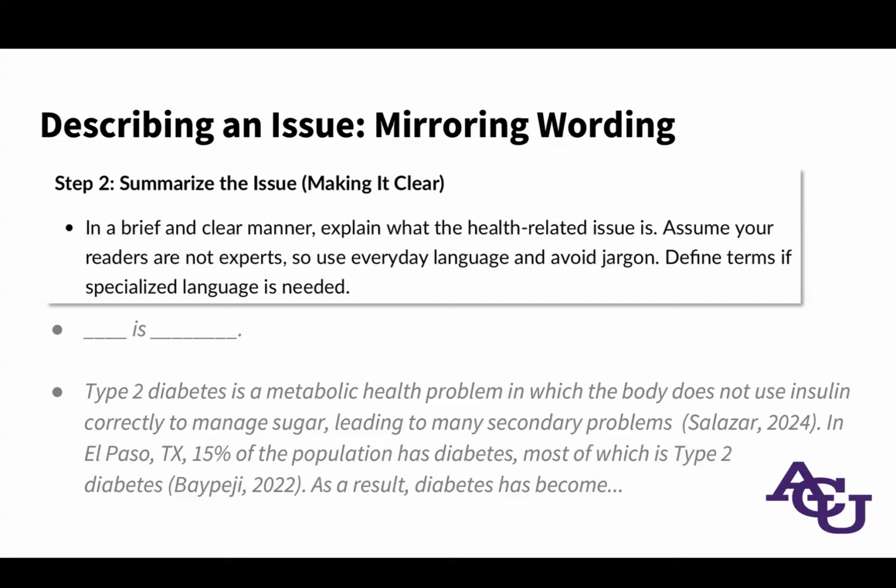Now, in this particular case, El Paso, Texas happens to be in the top 10 cities in Texas for diabetes rates. And if we were to segment that population by adults, it's a much higher percentage of adults. And so if you were writing about that particular thing, you could tell us more about the specifics, cite sources that have said, hey, this is a major health problem, talk about the history of trying to address it, and things like that.